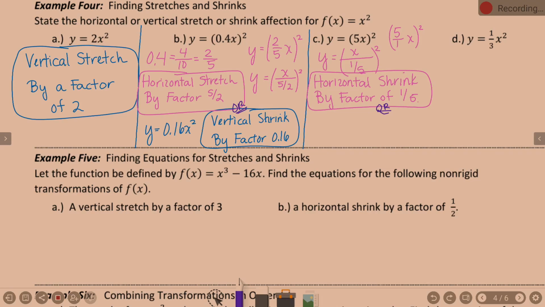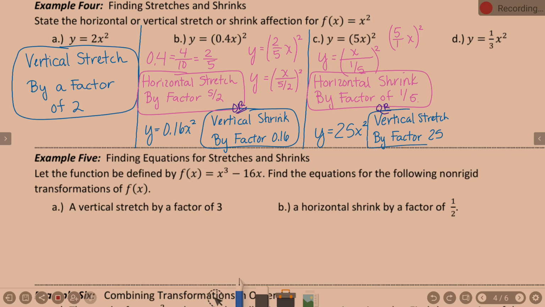If it's 5x quantity squared, 5x times 5x is 25x squared. In that form, that shows the vertical stretch. That's a big stretch, a vertical stretch by a factor of 25.